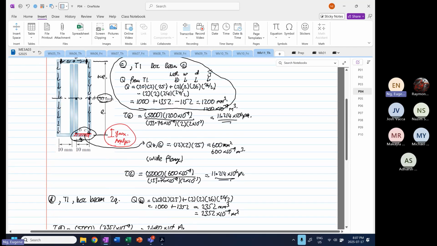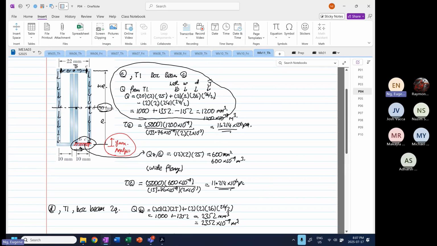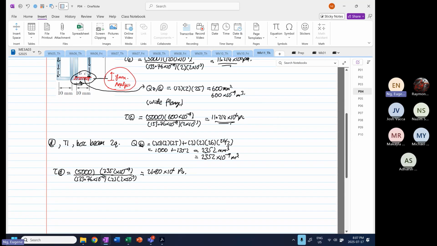And finally, for point E, you know that it's from terminal 1 and it's box beam 2Q, right? So Q at point E will be equal to 2 times 20 times 2 times 25, which is equal to 1,000 millimeter cube, or 1,000 times 10 to the power minus 9 meter cube.